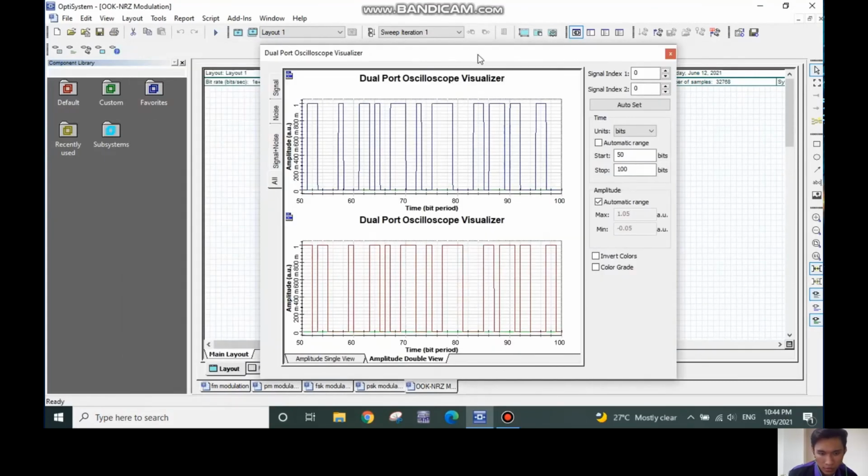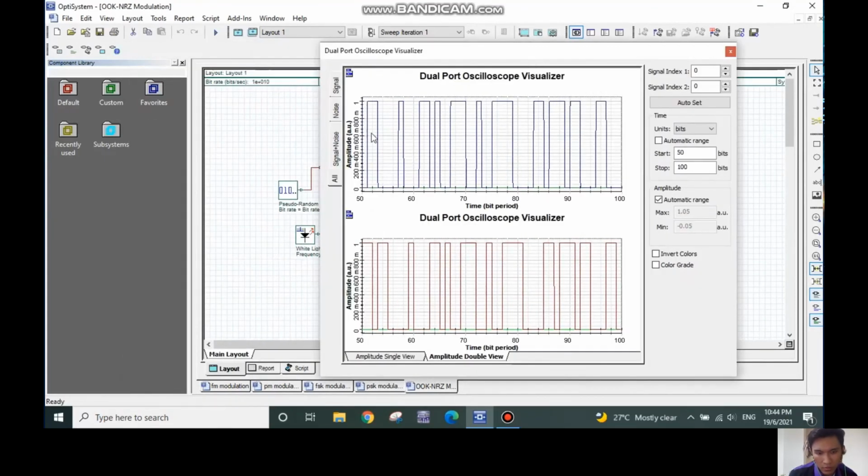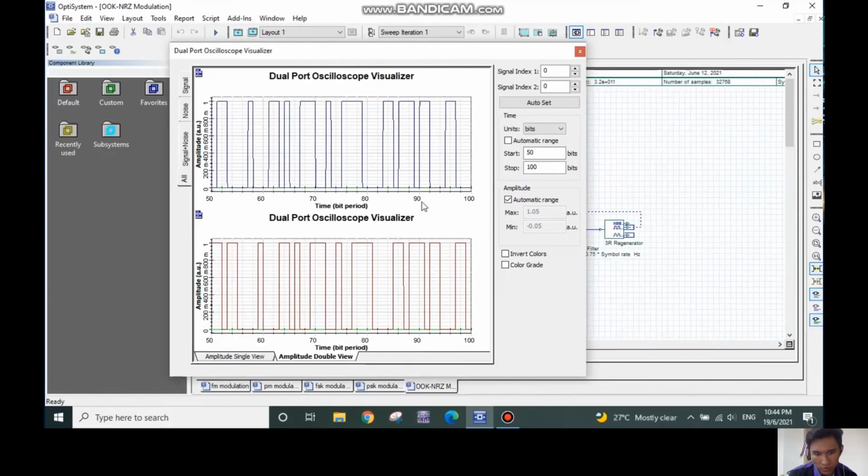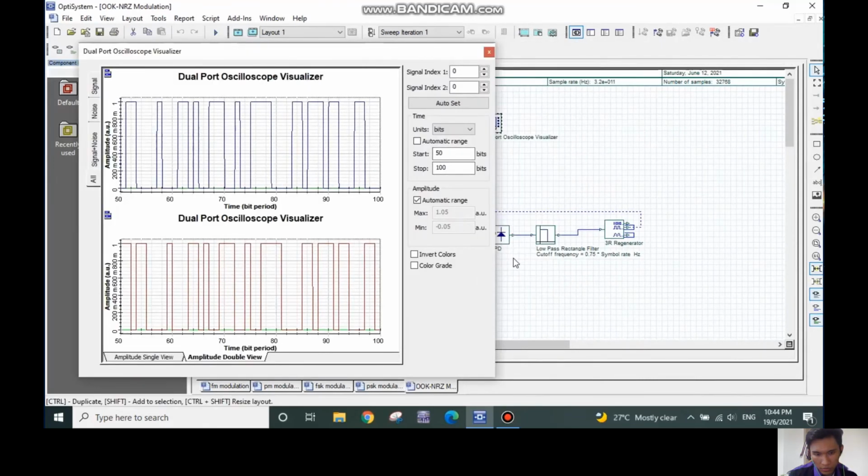So we can see here that the above signal is the transmitted signal by the white light source, and the below signal is the signal received by the avalanche photodiode.